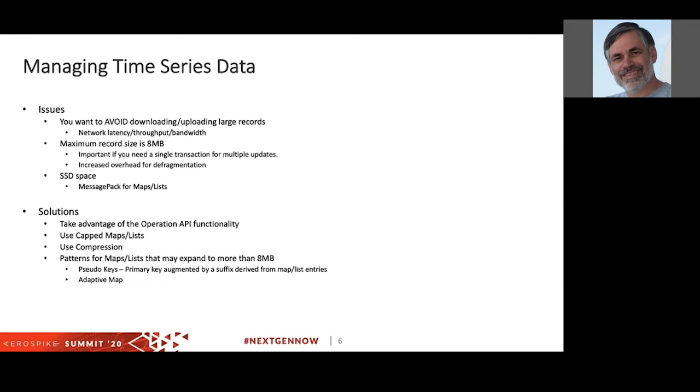Another approach we'll discuss at the end is the adaptive map. That will support essentially unlimited maps up to and including the limit of your namespace. So you can have one record with a map that takes up your entire namespace. Again, that's not necessarily what you want to do, but that is the hard limit on that for obvious reasons.